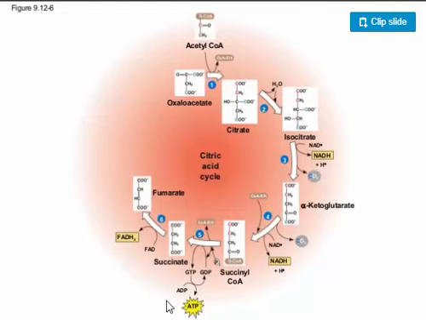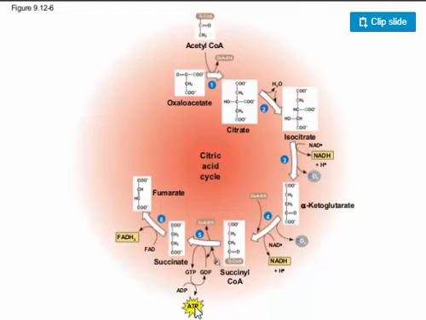So what remains here? We're going to have the 4 carbons at the end. The products of the breakdown of 1 molecule of pyruvate are 3 molecules of carbon dioxide. Here they are, 3 carbons of carbon dioxide that are going to be given off as waste products. 1 molecule of ATP, 4 molecules of NADH, and 1 molecule of FADH2 to the electron transport chain.